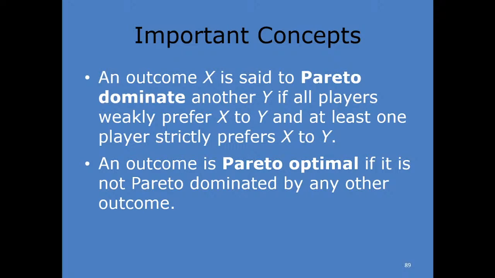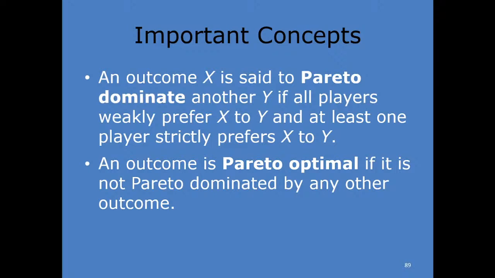So this definition comes from Wilfred Pareto, an economist, and the idea is that in this situation, it is the dominant strategy because all players are either indifferent, that's a weak preference, and at least one is strictly better in this situation than if he or she chose the alternative Y.